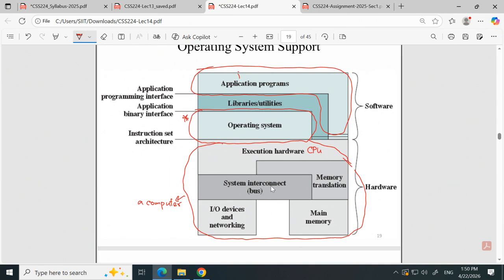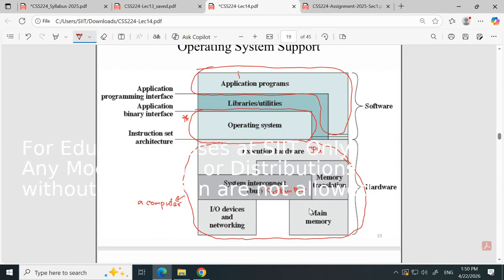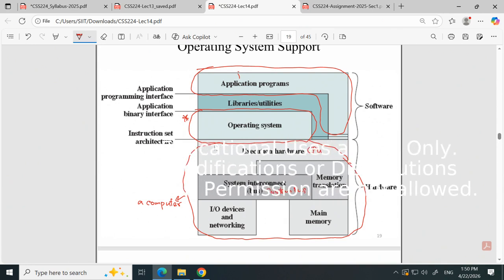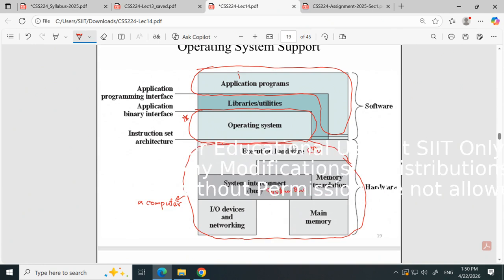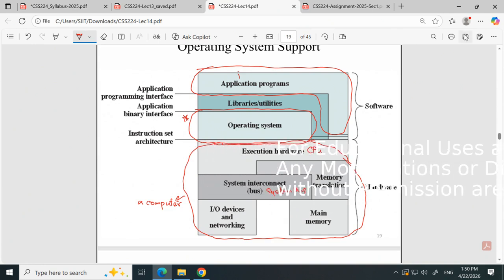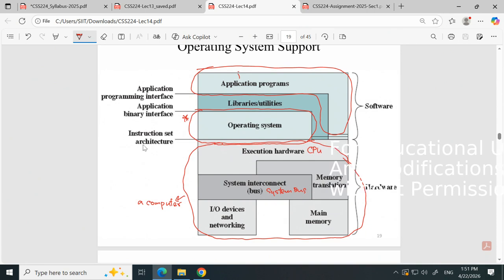System interconnection, probably system bus. Memory, right? Input, output. Five basic components.